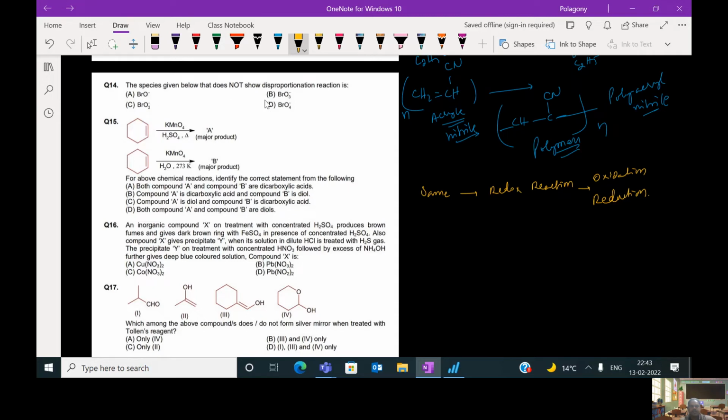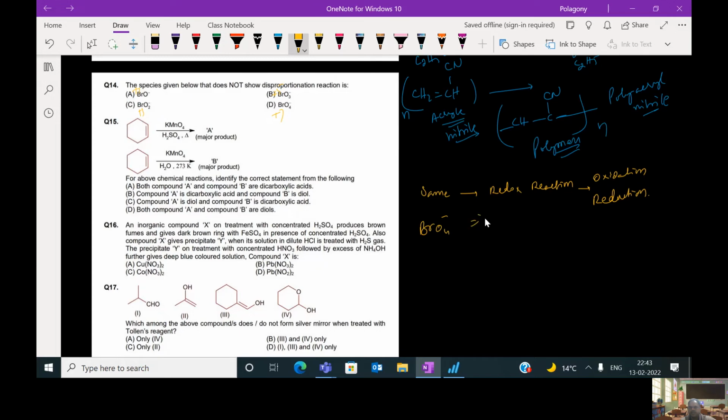Here is BrO minus, and the oxidation states, if you look, are +1, +5, +7 here, and +3. The highest is BrO4 minus.